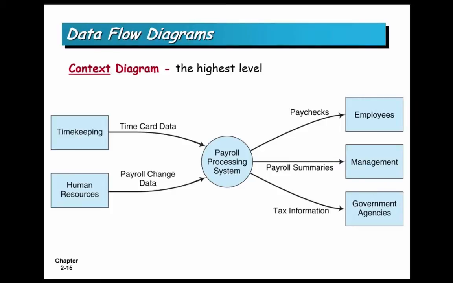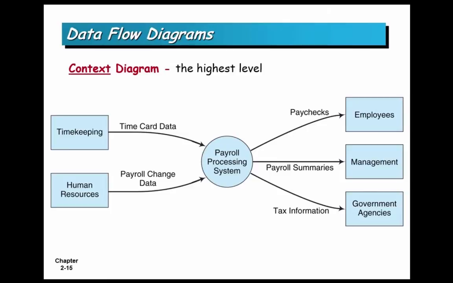So timekeeping is an external entity, and that is to submit time card information. HR is an external entity to provide any changes to the payroll information, because this is a payroll processing system.